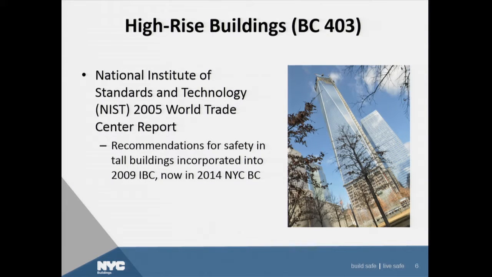As you know, this was all based on the National Institute of Standards and Technology World Trade Center report. The recommendations, some of which were already incorporated in the 2008 code, we're basically expanding on some more, and we're going to be adding more of it into the 2014 code because a lot of it was also incorporated in the 2009 IBC.